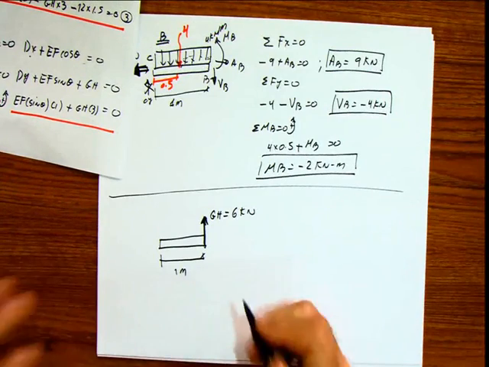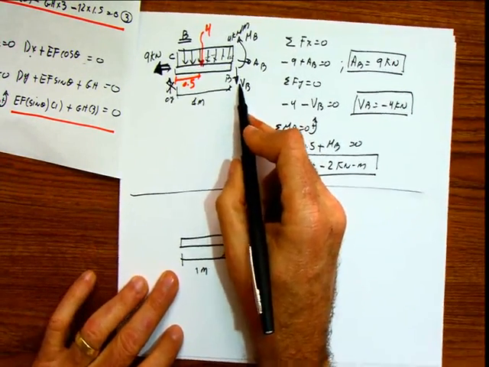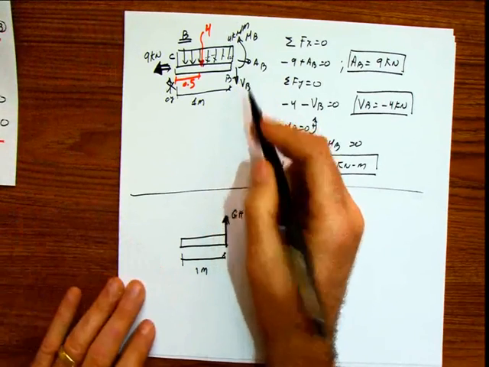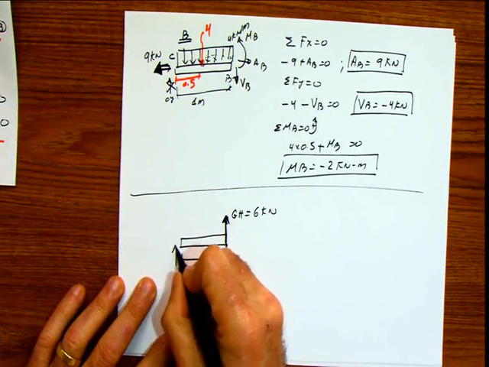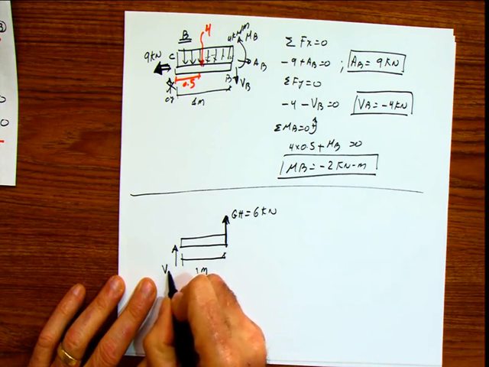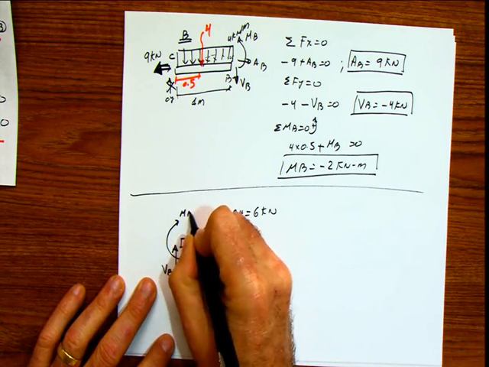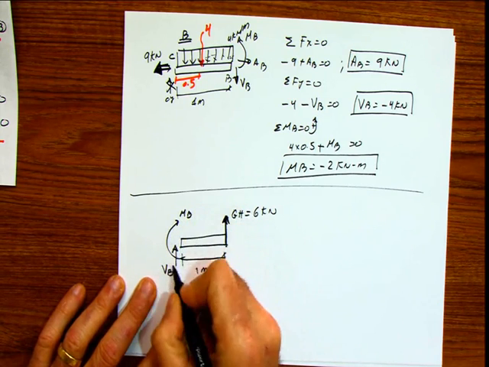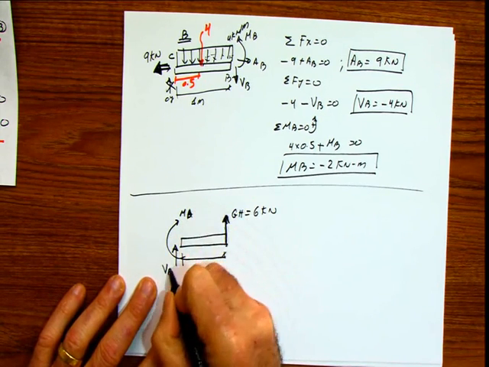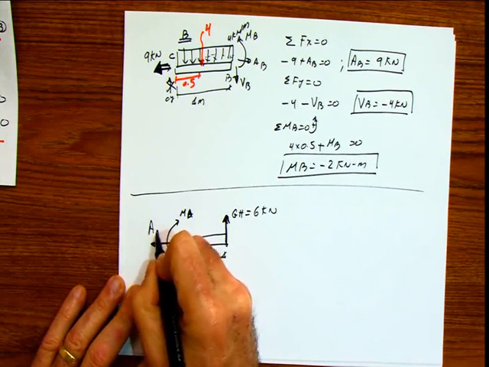And basically, once again now, look at the direction that you will use here for the positive. Well, here it has to be the opposite, because we are using the other end of the element. This is going to be my positive shear. This is going to be my positive moment. This is A, not B. And this is going to be my positive axial.